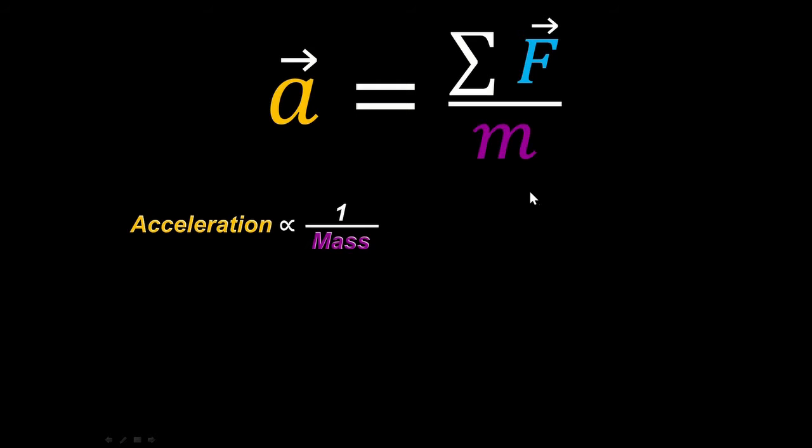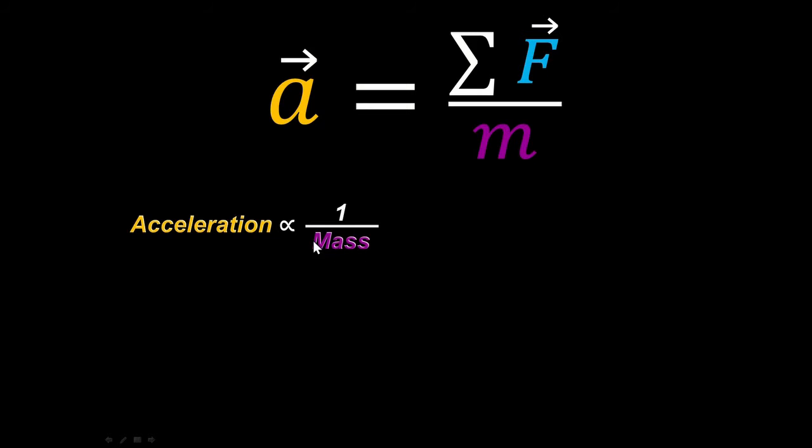All right, so the first big idea is if we keep the force on an object constant, we don't vary that. Let's look at the relationship between mass and acceleration. We say that the acceleration is proportional to 1 over the mass.